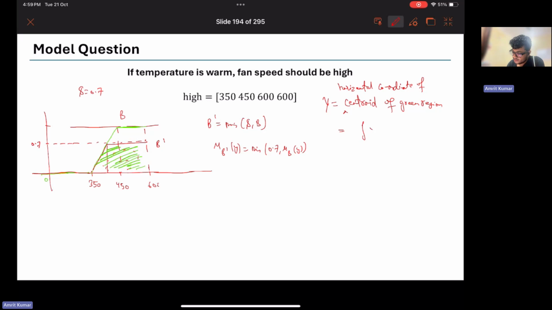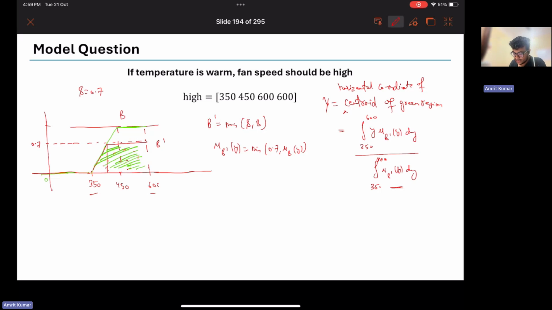And that is nothing but... and what is the support here? It's 350 to 600. Okay. So this integral in the denominator is nothing but the area of this region R.